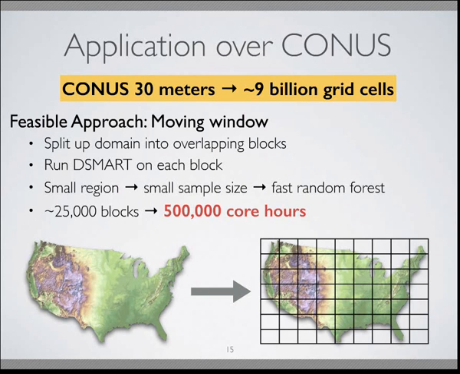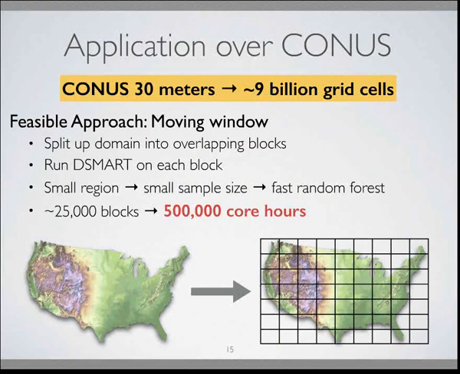So before we thought about using high-performance computing, we had to rethink how we were applying DSMART. So the feasible approach that we came up with was this moving window.